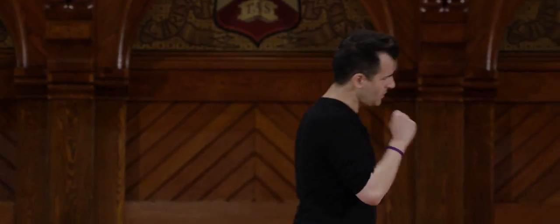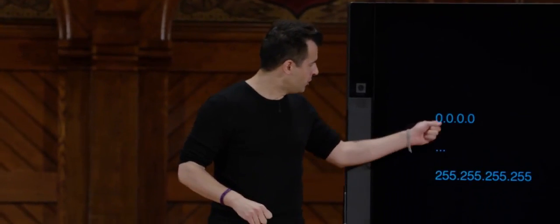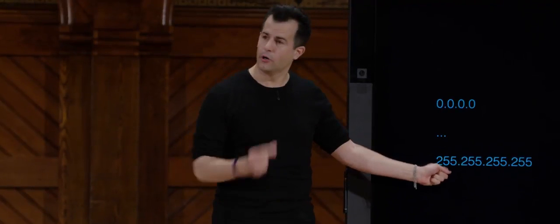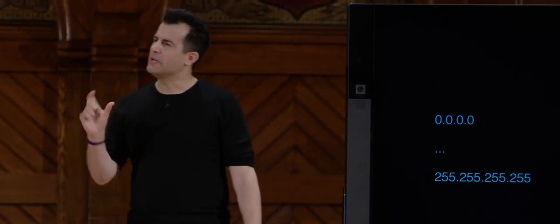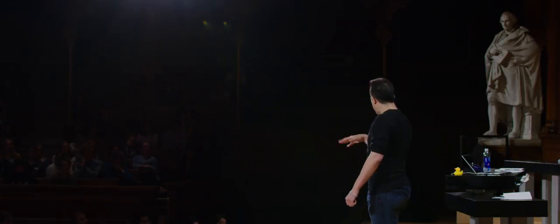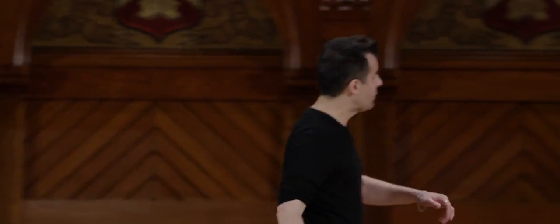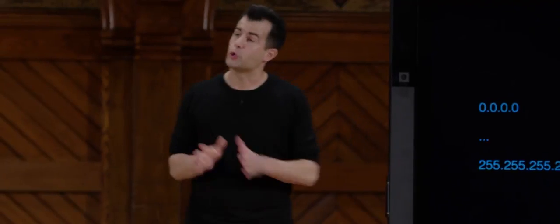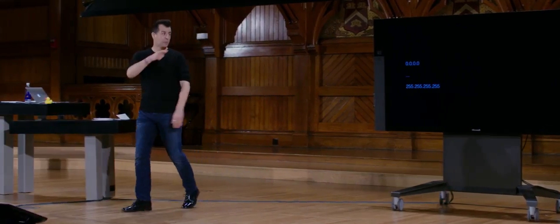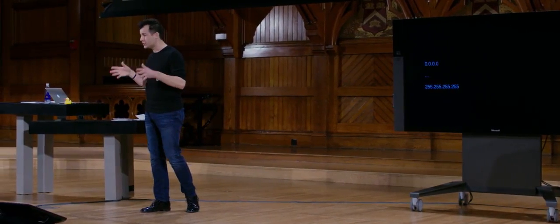So just as a quick teaser, if the smallest number is 0 and the biggest number for each of these sections of the IP address is 255, how many bits are being used for each of those 4 numbers? Yeah, 8. So remember, 8 bits gives you 2 times 2 times 2 times 2 times 2 times 2 times 2 times 2, which is 256. And indeed, we have 256 total values from 0 on up to 255. So an IP address is 8 plus 8 plus 8 plus 8, or 32 bits total.